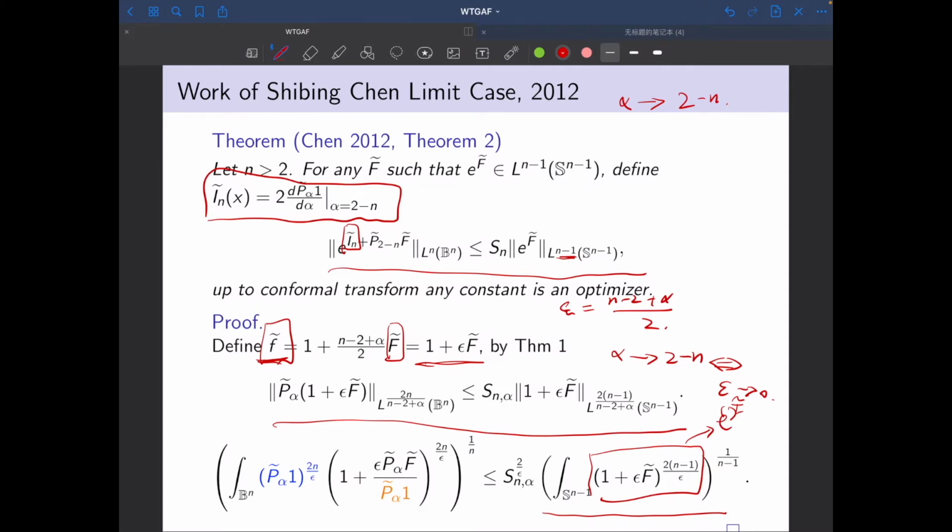The situation on the left hand side is a bit more complicated. In particular, in order to take the limit, we need to find a lower bound for the extension of constant function, something here. And we also need to find an upper bound of this part so that we can take the limit. And these two bounds can be proved using the explicit formula for the Poisson kernel.